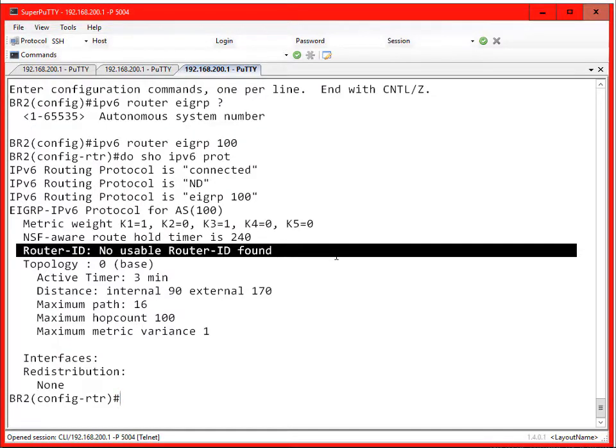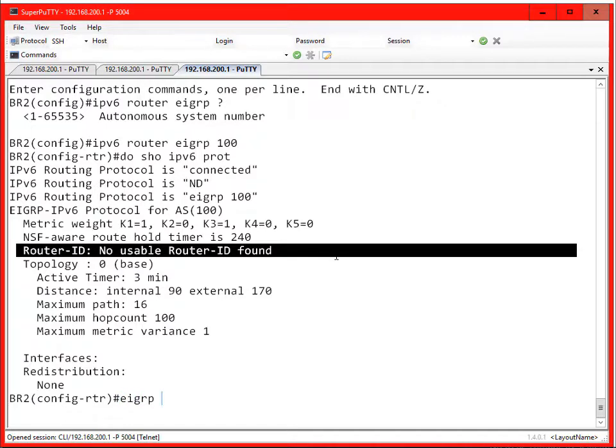So in order for us to be able to establish this process, in order for us to be able to establish the router ID, in the case of a router that you're only running v6 on, you have to manually configure the router ID. Because even in EIGRP for IPv6, that router ID is written in a dotted decimal format. Again, it doesn't have to be an IP address.